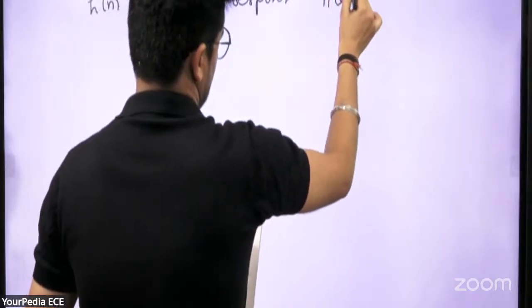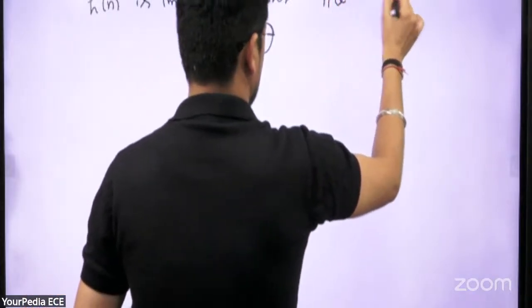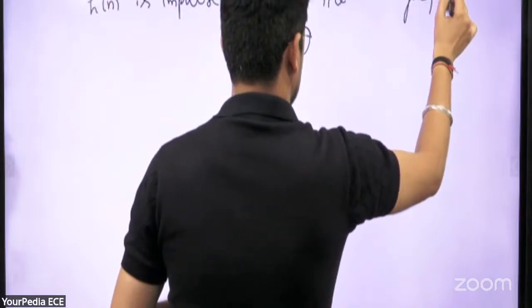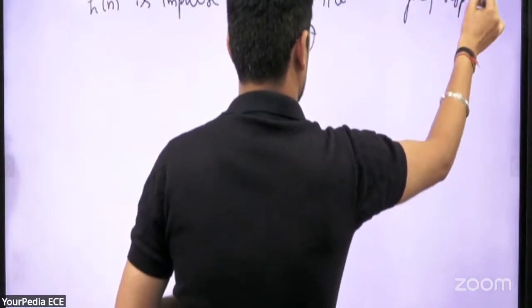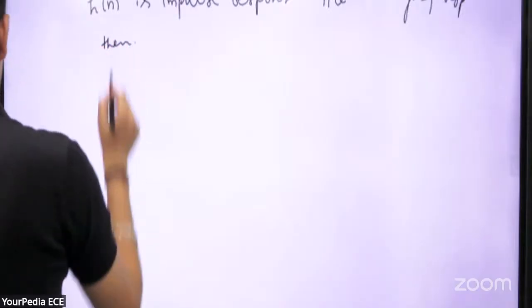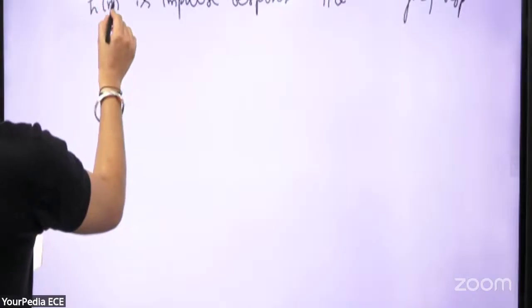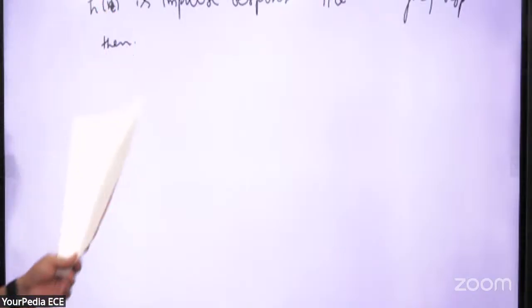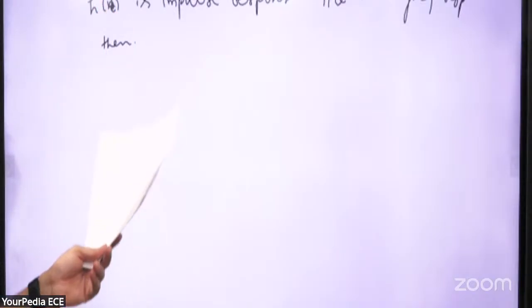H of e raised to the power j omega is the frequency response. I think from the student it should be h of t there, not h of n. If you remember this question, can you send me that in chat? I think it is h of t.